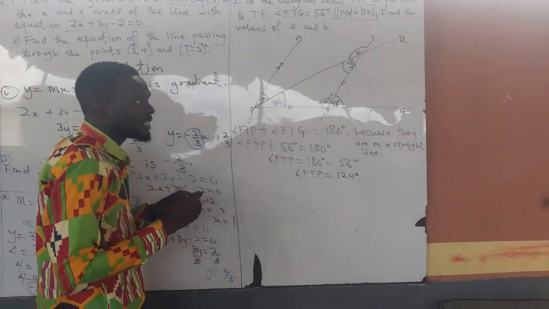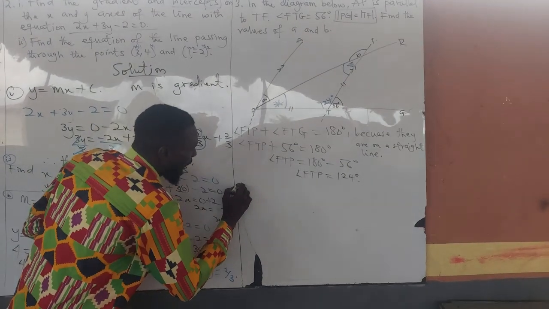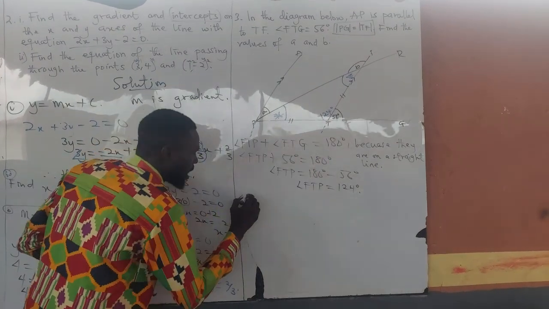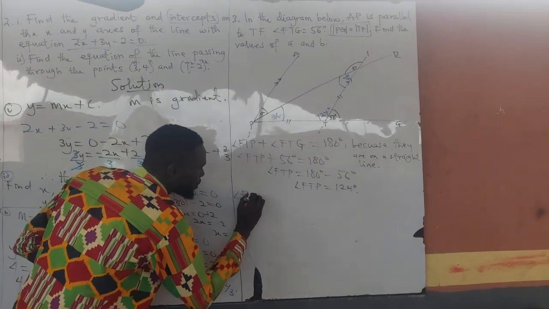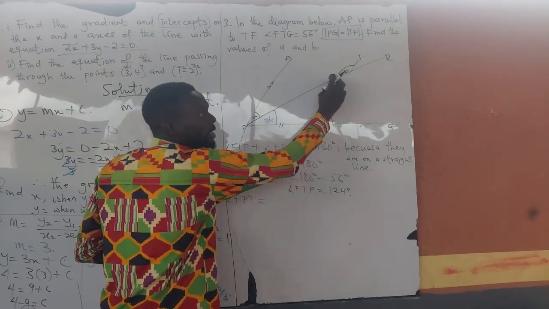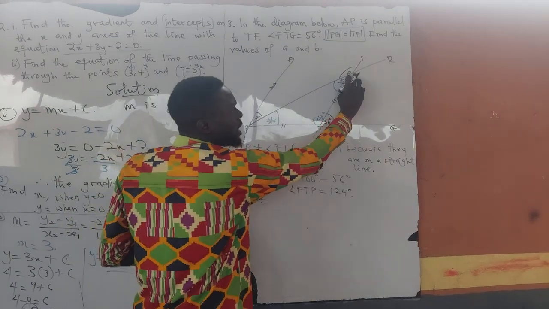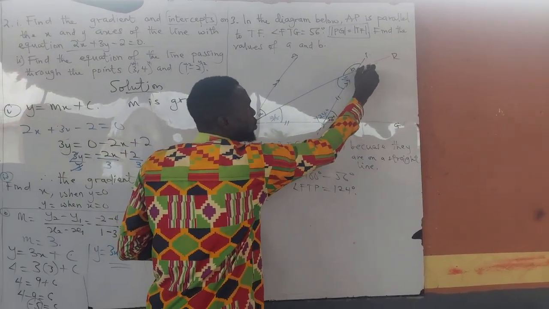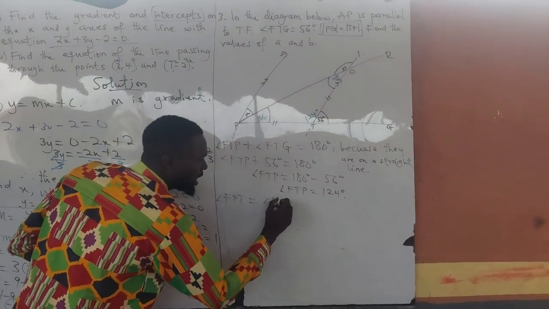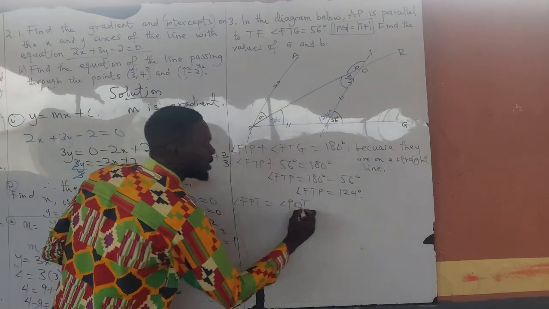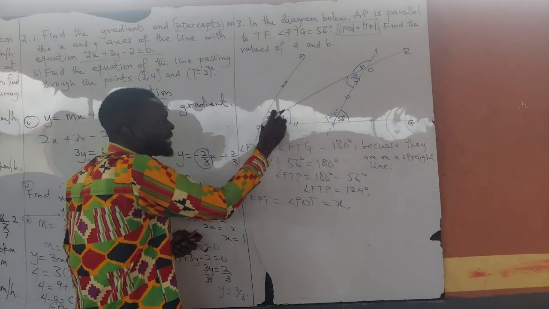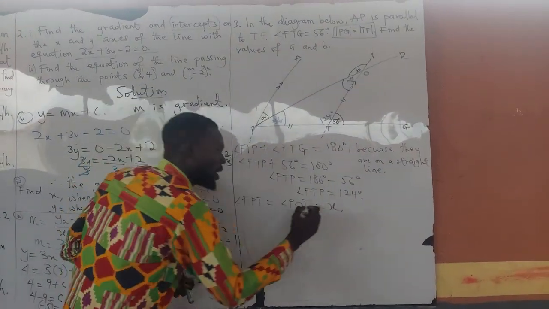So in terms of vertices, we are going to say the angle here, we can say angle FPT is equal to the angle here. So the angle here, there is no name given to this one, so we can name it O, so that we can get the angle here. So we can say it's equal to angle POT, which is equal to, let's say, X. Why are you saying this angle and this angle are equal?